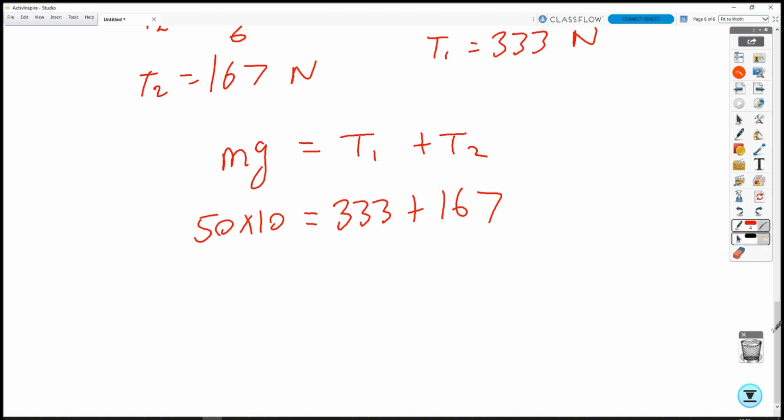Fifty times 10, that's 500. And T1 plus T2, 333 plus 167, well, that's also 500. So both of the equations agree with each other, and we've solved the problem.